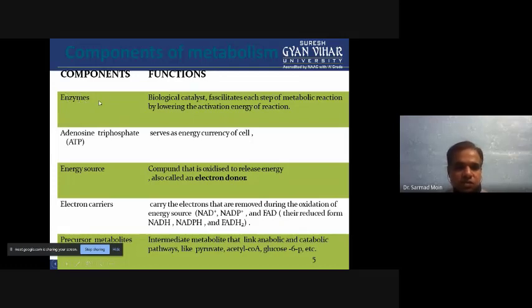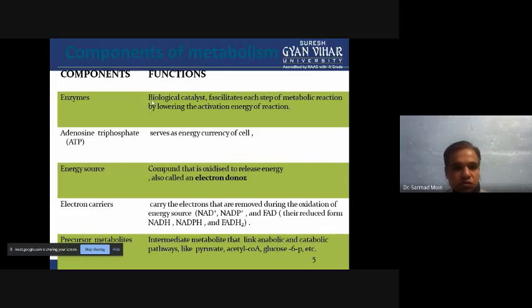So enzymes. Enzymes are biological catalysts, and they are present in every type of organism. Some organisms have some different types of enzymes, some organisms have other types of enzymes, and their main function is catalyzing reactions. When they are catalyzing the reaction, the substrate is able to convert into the product.